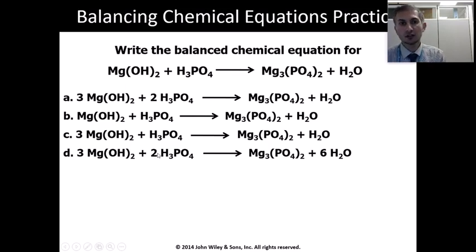So right now I'm going to balance another element, hydrogen. If we have 3 here, 3 times 2 hydrogens, totally we have 6 hydrogen on the left side.